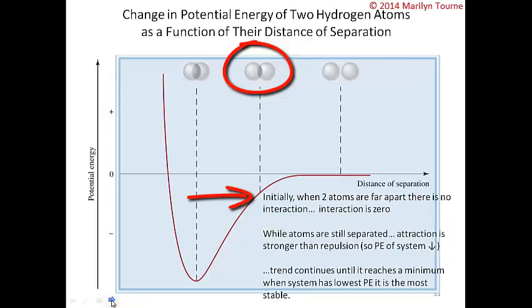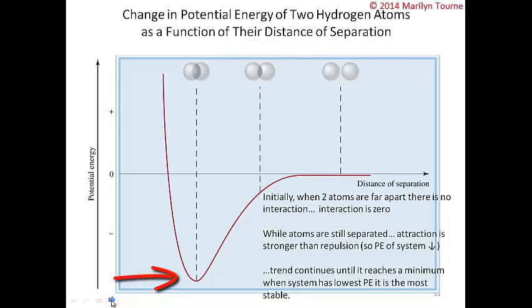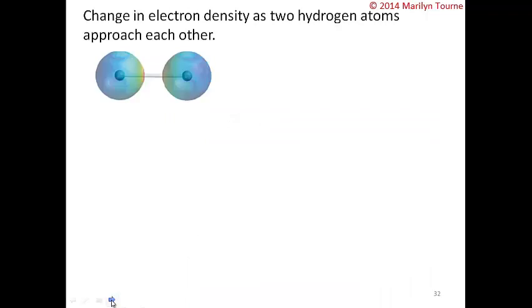While the atoms are still separated, the attraction is stronger than the repulsion, so the potential energy of the system goes down. This trend continues until the potential energy reaches a minimum. That's the point of lowest potential energy and greatest stability, and this situation corresponds to the overlapping of the two 1s orbitals for this molecule.